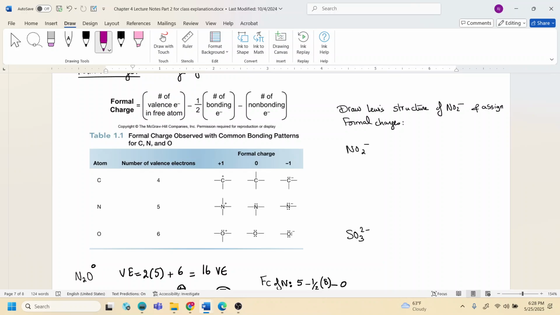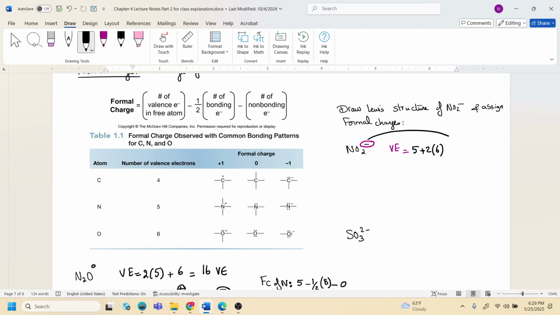So we want to draw the Lewis structure. To draw the Lewis structure, we're going to calculate the valence electrons. But now we have something new, which is this negative charge that we need to take into consideration when calculating the valence electrons. So now nitrogen is in group number 5 plus oxygen is in group number 6. I can't stop here, because the whole NO2 is gaining one electron, right?